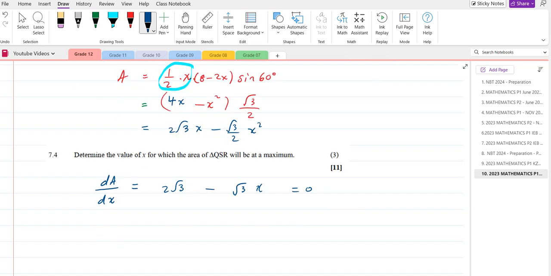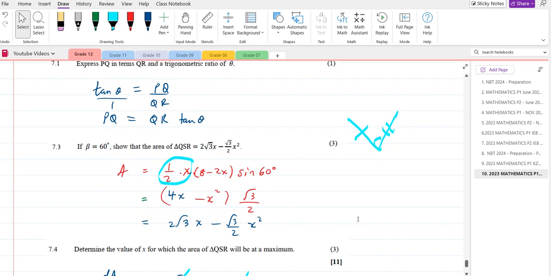We can divide everything by root 3, so you just have 2 minus x equal to 0. Therefore, x is equal to 2. The area of triangle QSR will be a maximum when x is equal to 2. I hope you understood this entire problem.